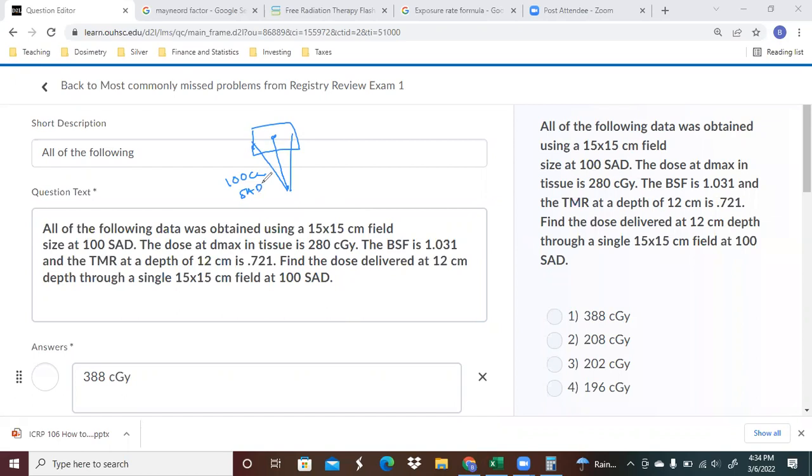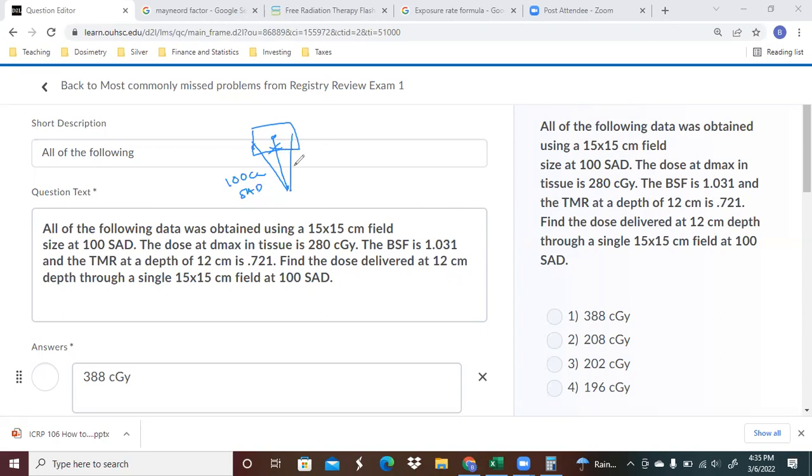So now we know what the dose is at Dmax. What we need to figure out from all of this information is how to get from the dose at Dmax to the dose that's delivered here. We'll call this Dmax. How do we get to that particular point?